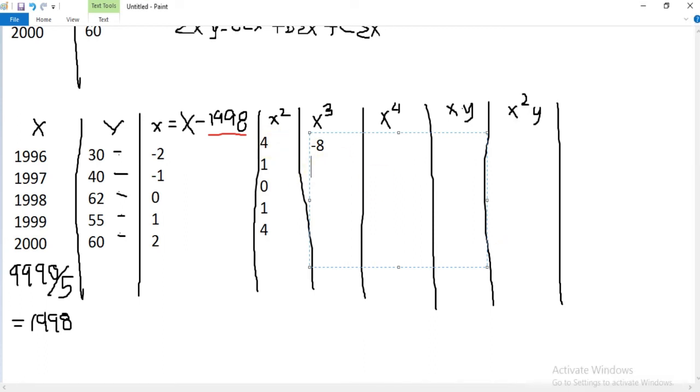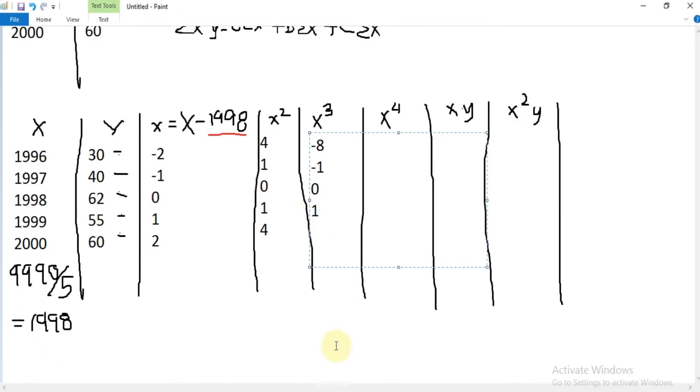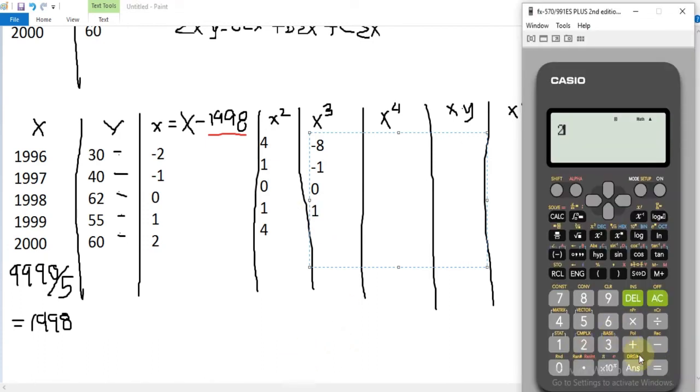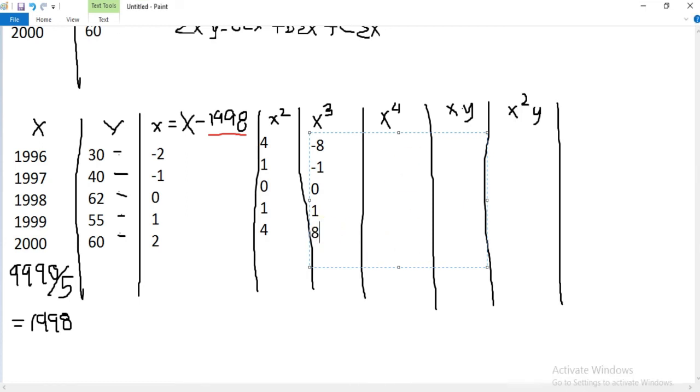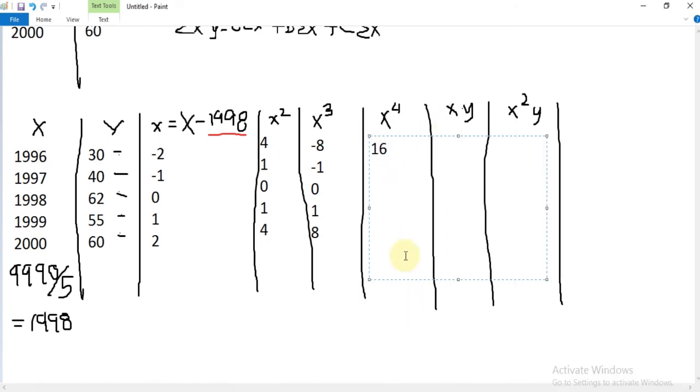Zero is 0. Then 1 is 1, and the last, 2, is 8. Next, input the values for x to the power 4. Negative 2 gives 16.